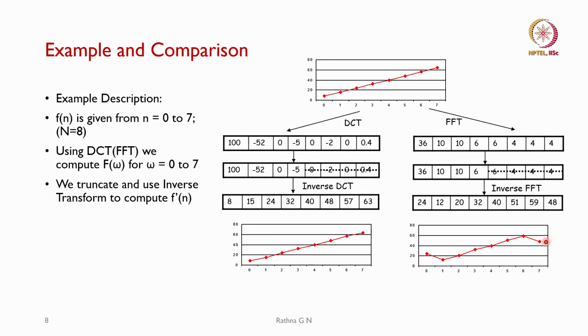At the higher end, instead of 64 it is 48. This is somewhat near in these values and then after that it goes down. So you see the advantage of using DCT for compression, because we can eliminate these zeros. We truncate and use the inverse transform to compute our f dash n in both cases.